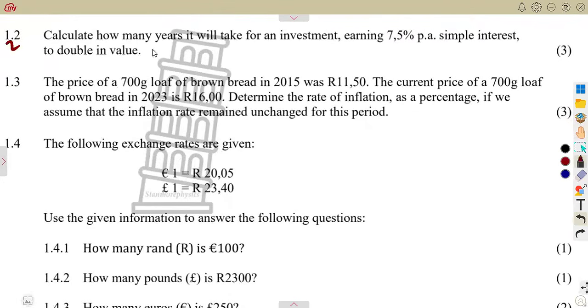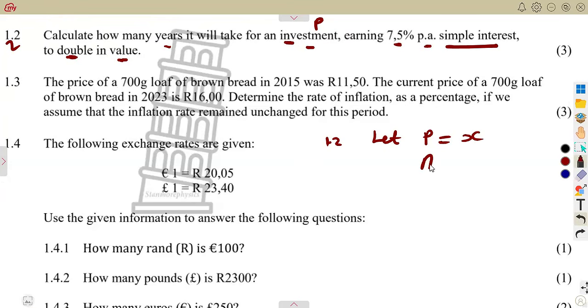1.2, calculate how many years it will take for an investment earning 7.5% per annum, simple interest, to double in value. An investment, that is the principal. So we're just going to let this principal be equal to x. It must double.